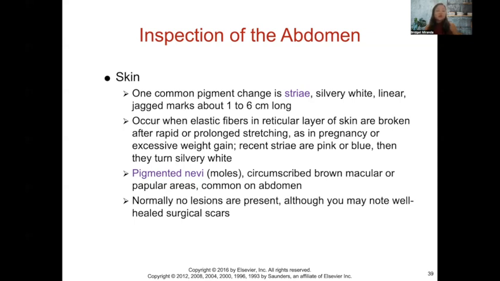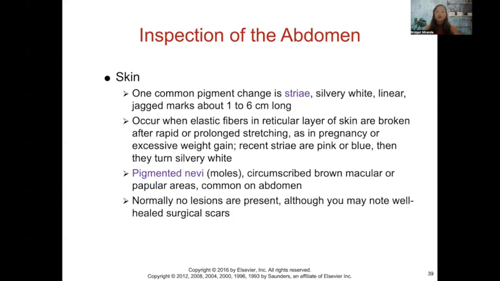You're also looking for pigmented nevi or pigmented moles. Usually they're circumscribed, they're brown, they're flat, so they're macular, and they can also be papular as well. These are very common around the abdominal area. You will use your ABCDE mnemonic to make sure that there are no signs of concern.